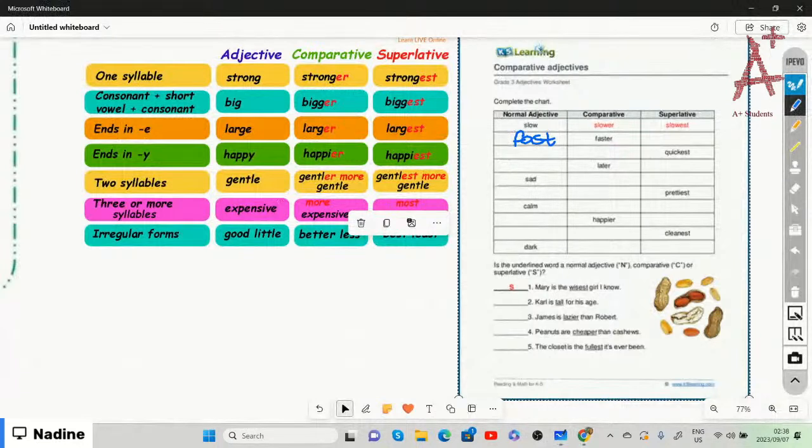If the normal adjective is fast, the comparative adjective is faster. What is the superlative going to be? So fast, faster. All right, so we will say it is the fastest.